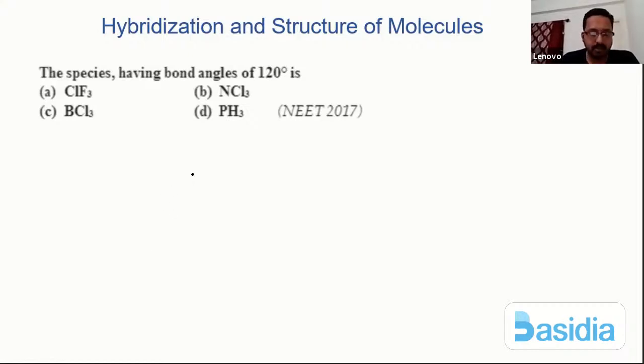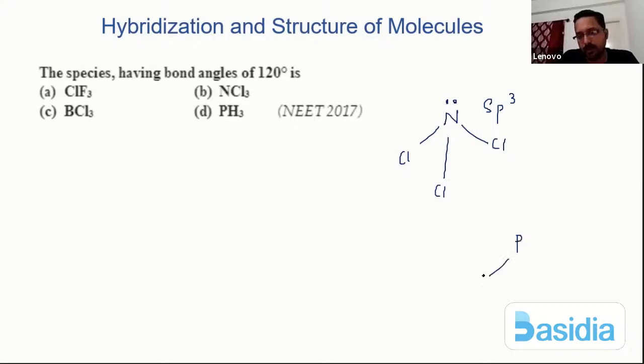So what is the simple way of solving this? First thing is find out the hybridization of each and every molecule. When you check the NCl3 molecule, Cl is over here, one more Cl over here, one more Cl over here, then you have a lone pair of electrons. So here I understand the hybridization is sp3. Phosphorus belongs to the nitrogen family only.